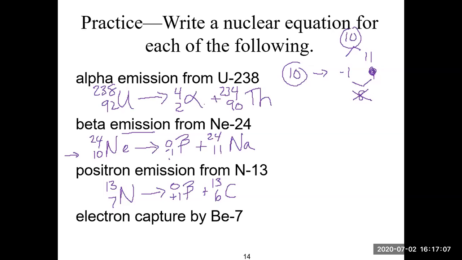And to answer the other question that's there, yes, a beta particle and a positron do have the same sort of symbol, if you will. But the difference is a beta particle is negative and a positron is positive. That's why I sometimes call it a positive electron. But they do have the same symbols. The difference, again, is minus 1 for that one, and this one would be plus 1.